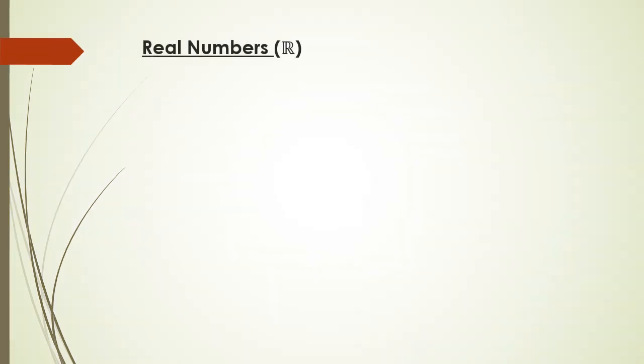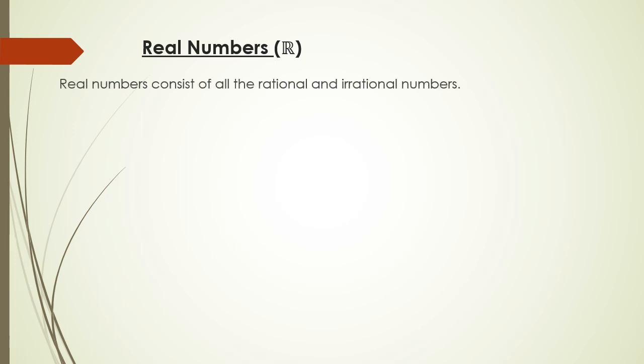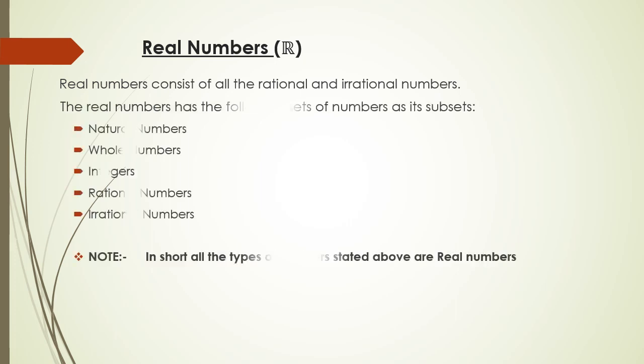Now let us discuss the real numbers, which is our today's topic. What are the real numbers? Now, the real numbers consist of all the rational as well as irrational numbers. Means we can say that all the rational numbers and irrational numbers together are called real numbers. The real numbers have the following sets of numbers as their subsets.